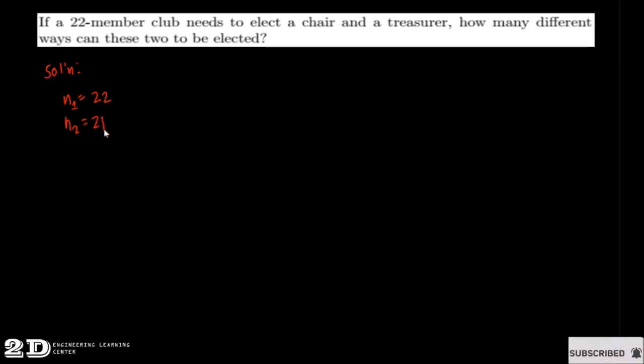It could go the other way around. For example, if a certain club decided to elect the treasurer first, then for the position of the treasurer you have 22 members that could be nominated. After that, they will go back and elect a chairman. Then the number of members that could be nominated is now only 21, because one has been elected as treasurer.